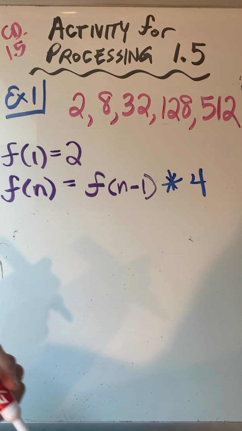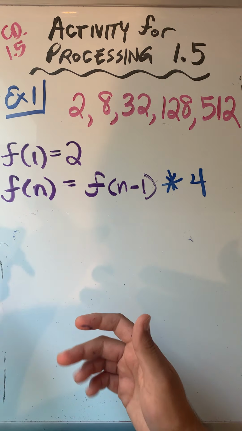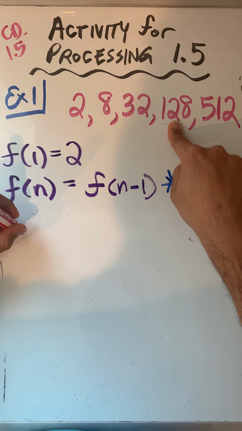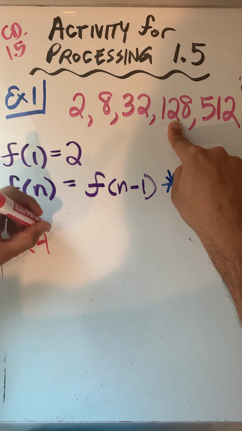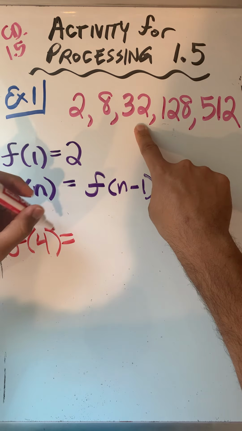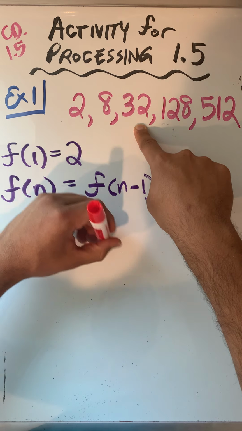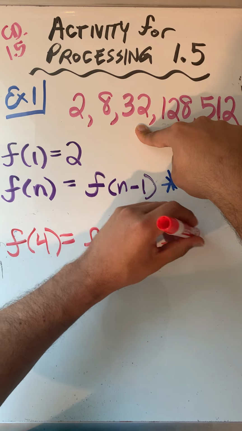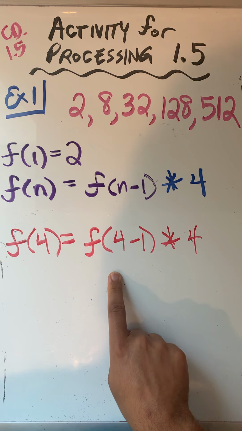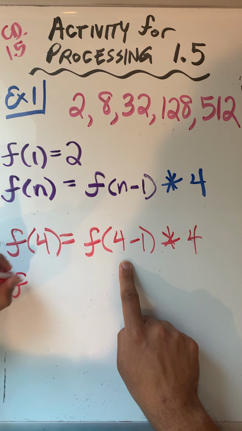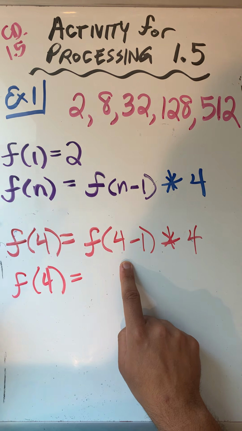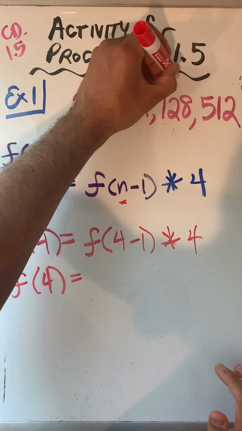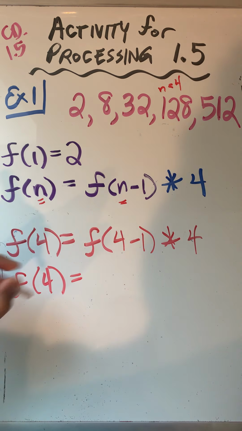So in order to play around with this, we can actually try a value. How about we try f of 4, which we referenced earlier. So f of 4 is the result of taking the previous term, which is f of 3, but I'm going to write it all out right here, okay? And multiplying it by 4. And you will notice I substituted the values of n, because right here I'm looking at n equals 4, which is the fourth term.